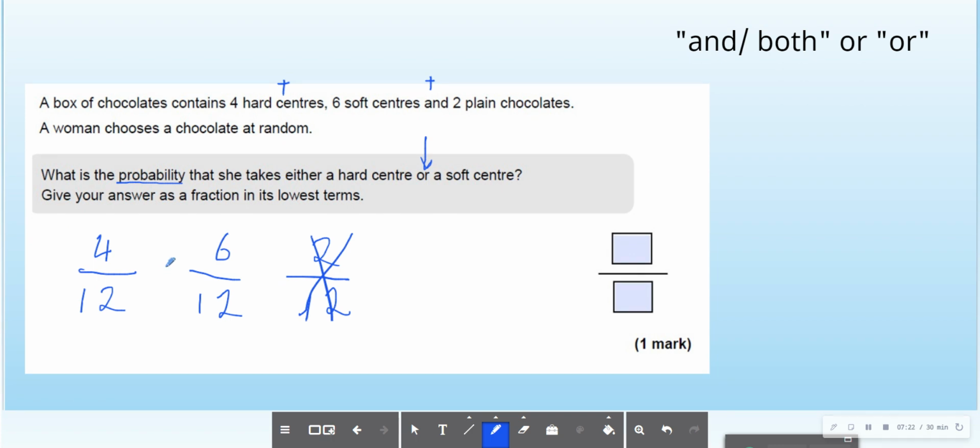A hard center is 4, soft center is 6. Because it's or, it means we're adding the fractions together. And when we add the fractions, the bottom number is already the same. All you have to do is add the top numbers together. So it's 10 over 12, which we can simplify down by dividing by 2, top and the bottom, into 5 over 6. Okay.